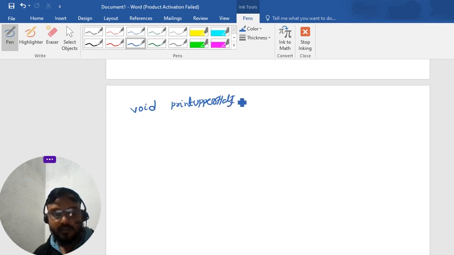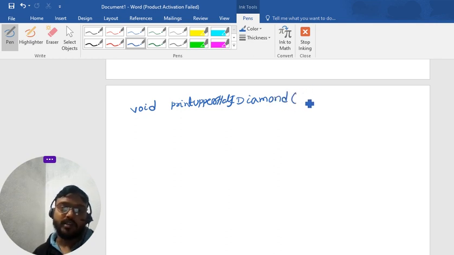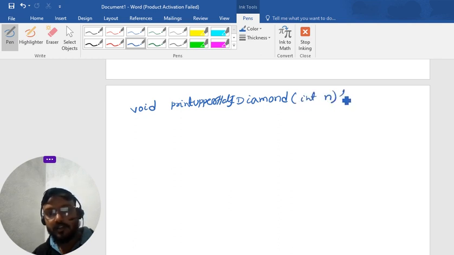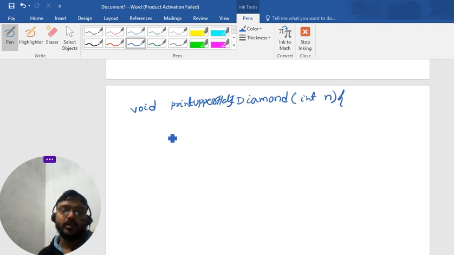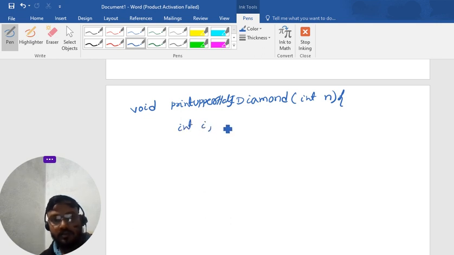It will take the argument, the number of rows, int n. Then I need three different things: int i, j, then sp, space, right?